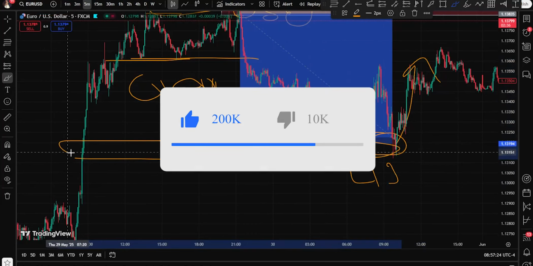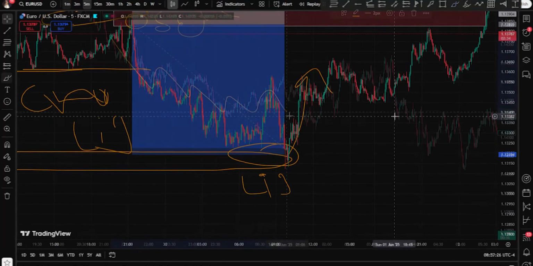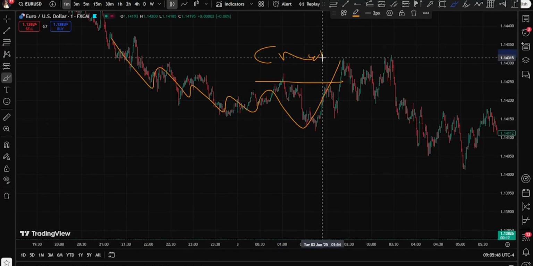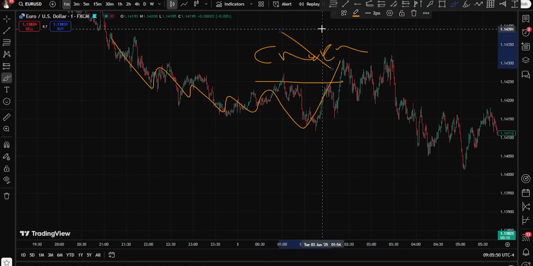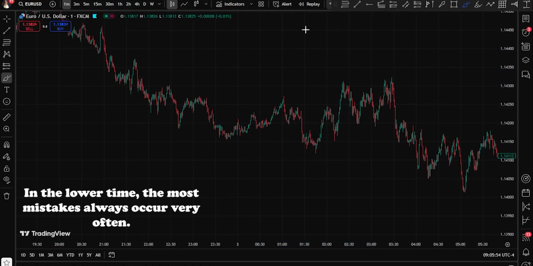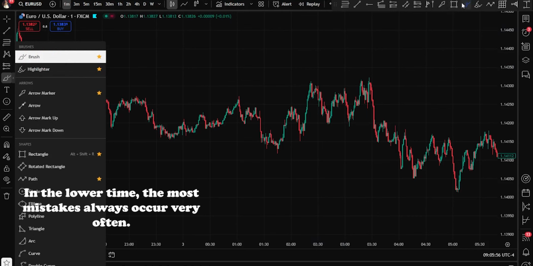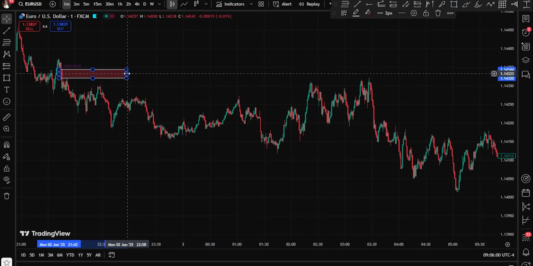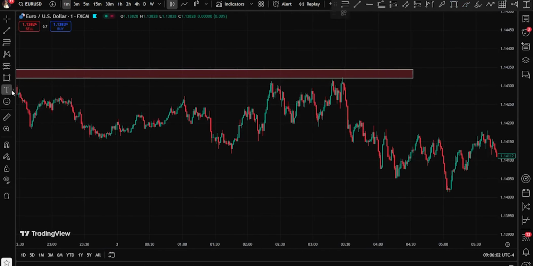Let's go to the most important strategy from which you can learn a lot. 3. 1-minute breakout traps. Breakout traps occur when price appears to break through support or resistance, but then reverses sharply in the opposite direction. On the 1-minute chart, this happens all the time, and smart scalpers take advantage of it.